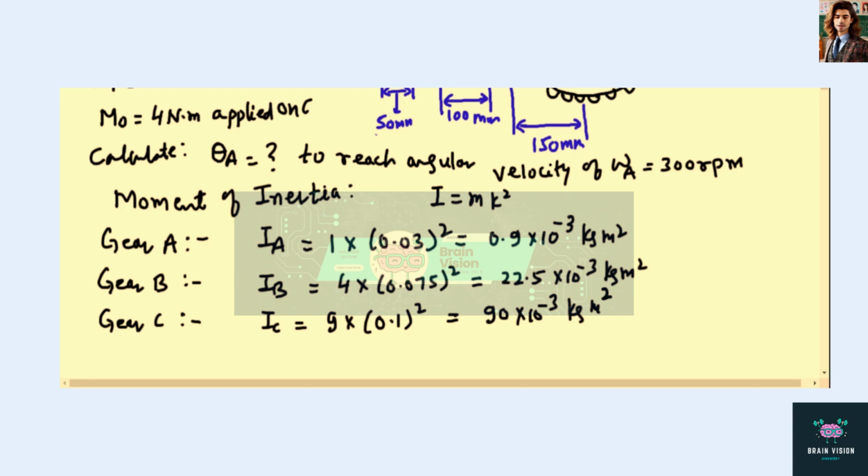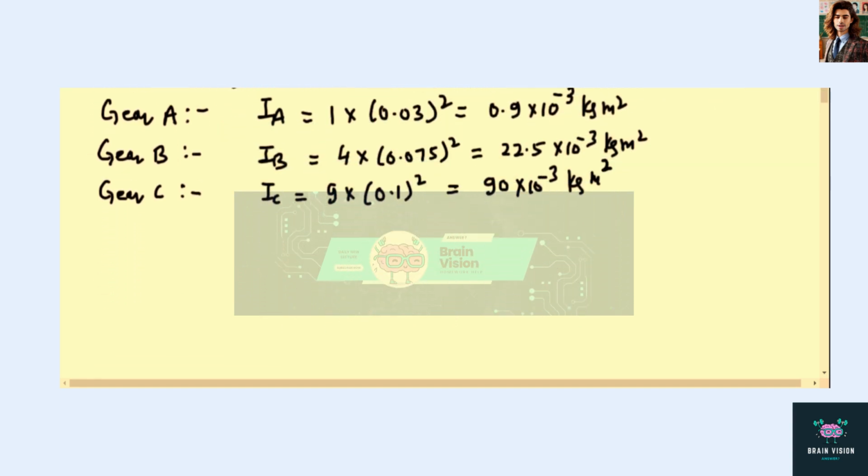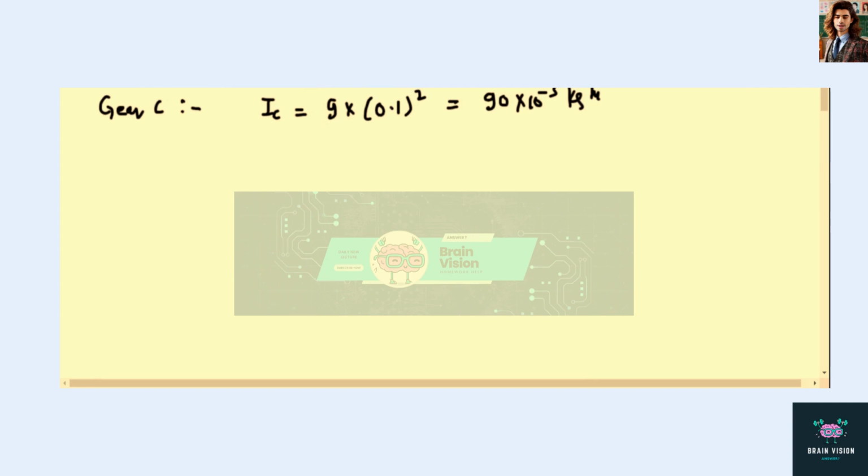Now we will study the kinematics. Analysis of kinematics. The radius of gear A, RA, is 50 millimeter.